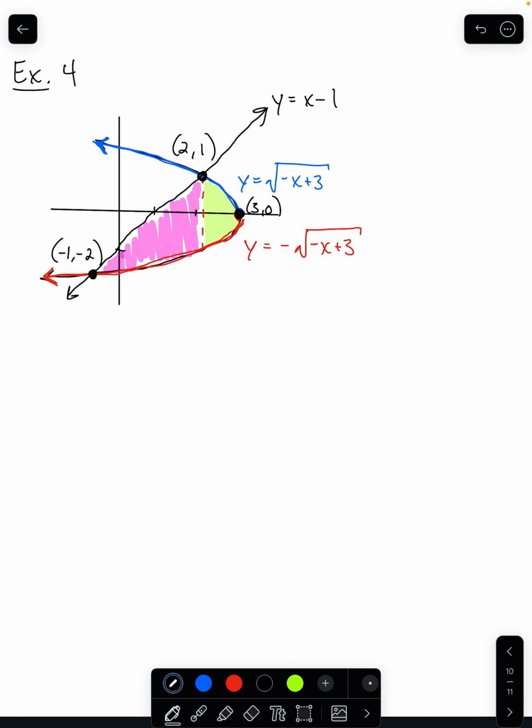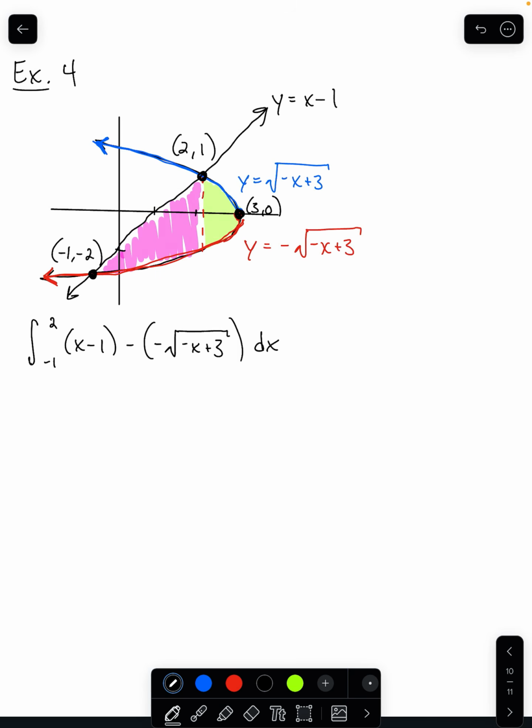In this case, we would need two integrals. We would need one from the x value of negative 1 to the x value of positive 2, where the linear function is the upper bound, and the lower part of this sideways parabola would be the lower bound of the region.